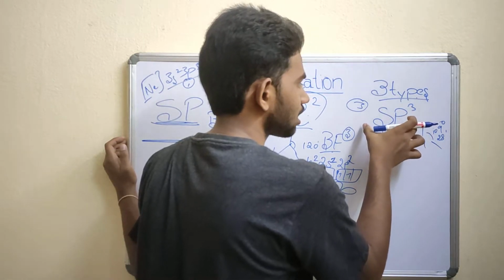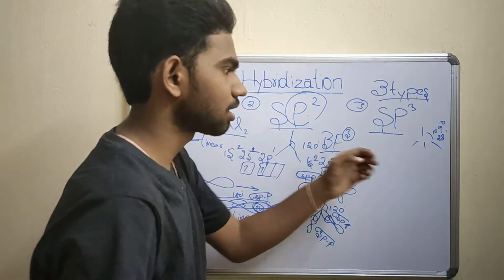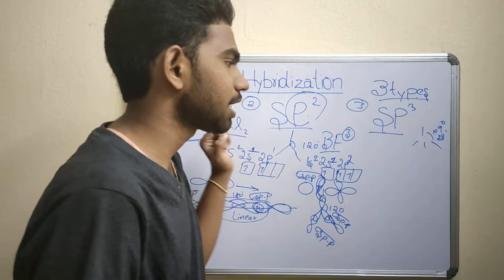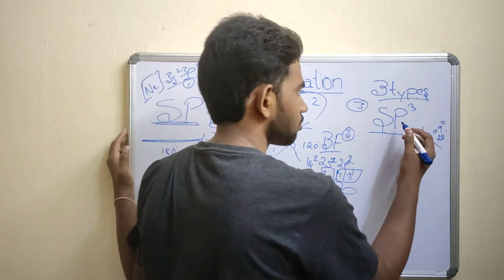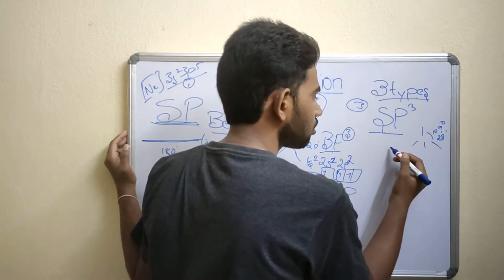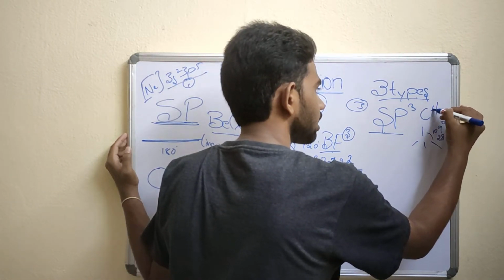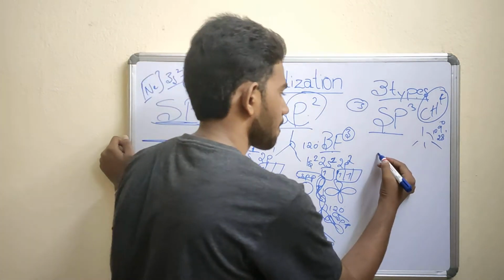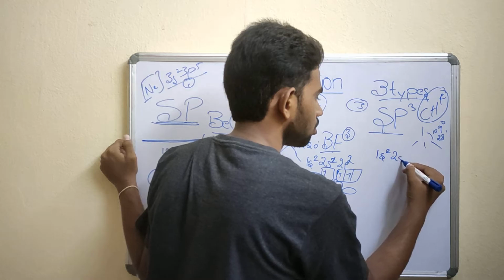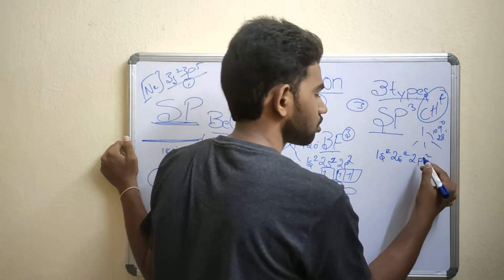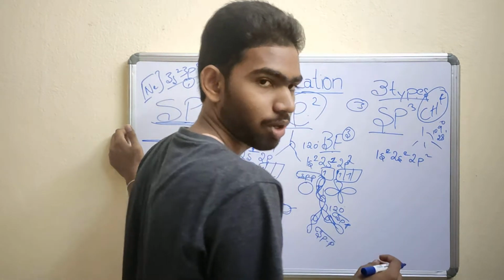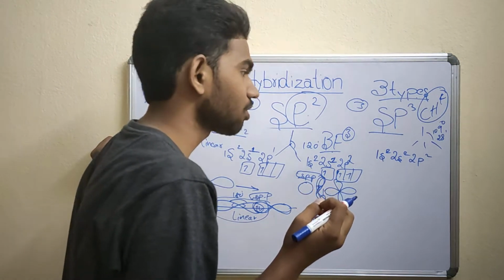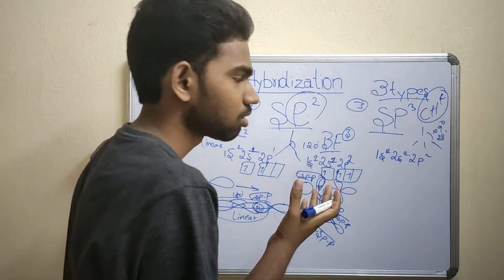For sp3, I explained that the shape is tetrahedral and 109 degrees 28 minutes is the bond angle of this hybridized orbital. We can take CH4 as the example. Carbon has the electronic configuration 1s2 2s2 2p2, but four hydrogens are given and there are only two unpaired electrons.